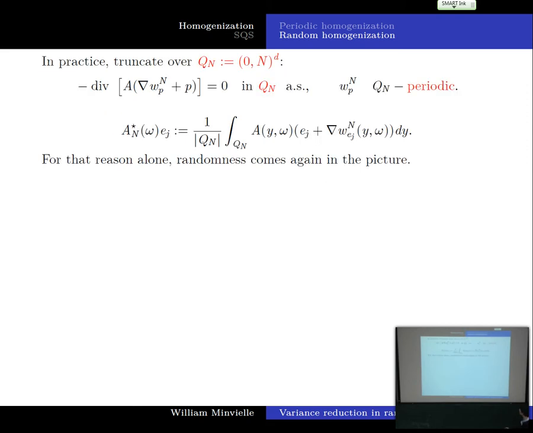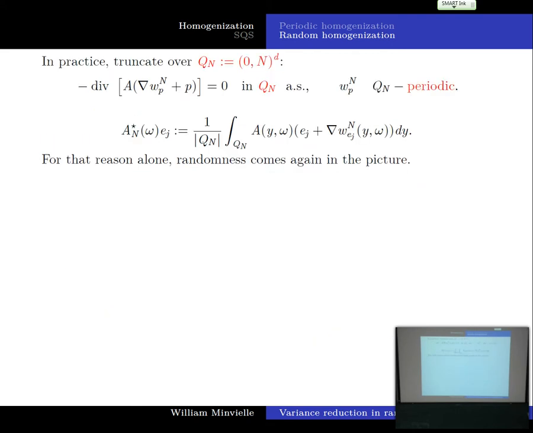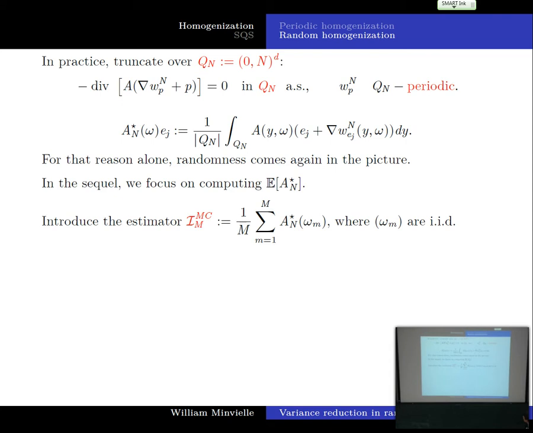So far, so good. But, and there is a big but here, this guy is random. So this is pretty bad because I'm actually approximating a deterministic quantity by a random quantity. So I'm making a lot of error, and I will have to control this error.